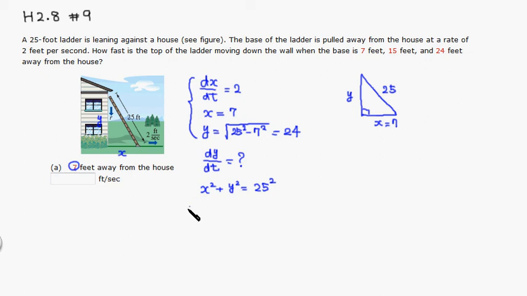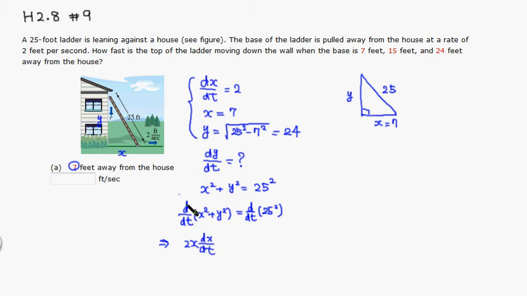First we take the derivative of both sides with respect to t. So d over dt of x squared plus y squared is equal to d over dt of 25 squared. If you take the derivative of x squared, you get 2x times dx over dt.